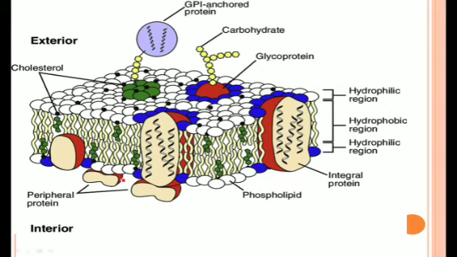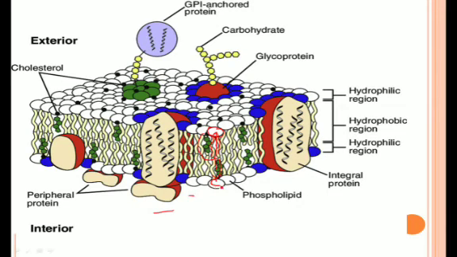Here is the diagram in which we can explain the complete structure of the plasma membrane. You can see various elements which are present in the plasma membrane. If we consider this circular structure and this thread-like structure, this is the lipid bilayer, phospholipid.